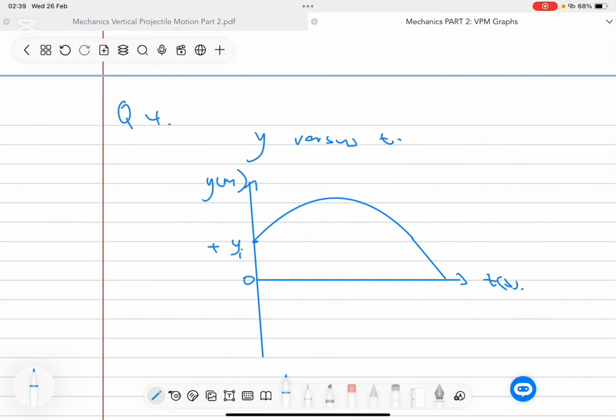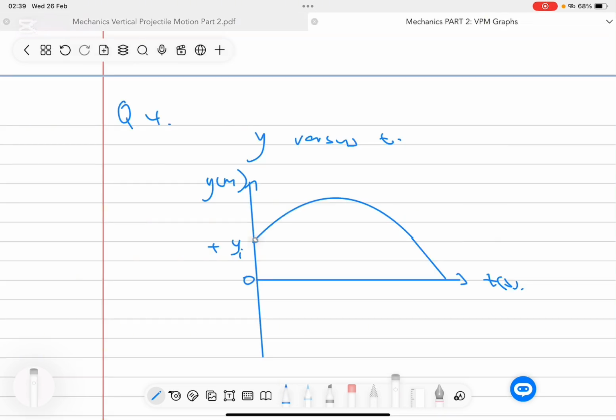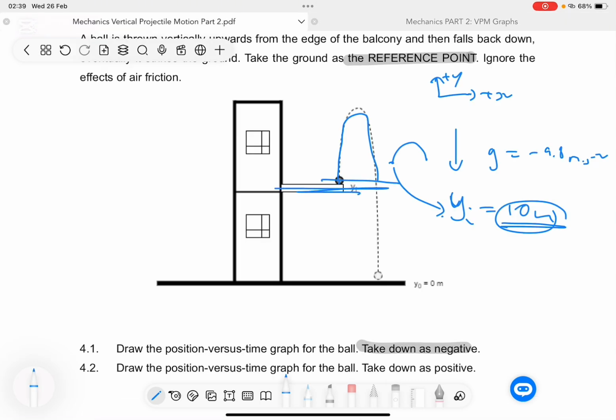Now, let's interpret this. The graph will move from the reference frame and come back to the reference frame. This is this part of the graph. We start here, not the reference frame, but the balcony. We go up and come down. Remember, from here to here is up, from here to here is down. Then we get to the balcony. Now, after getting to the balcony, we pass through the balcony and go to the ground.